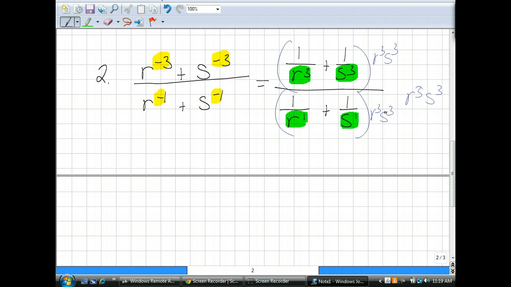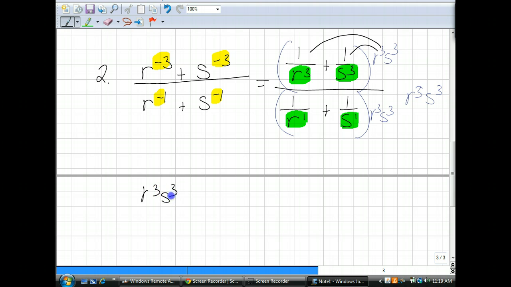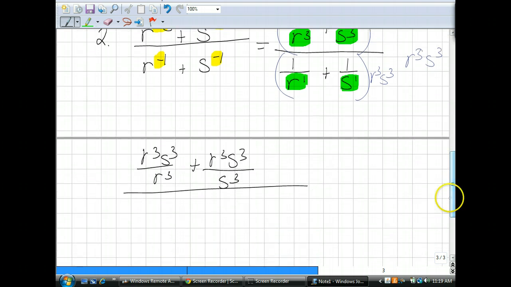So I distribute that inside. I get r cubed s cubed over r cubed plus r cubed s cubed over s cubed, all over r cubed s cubed over r plus r cubed s cubed over s.